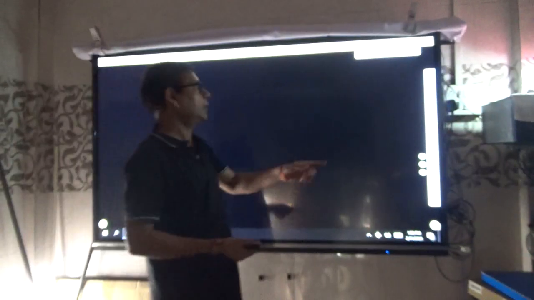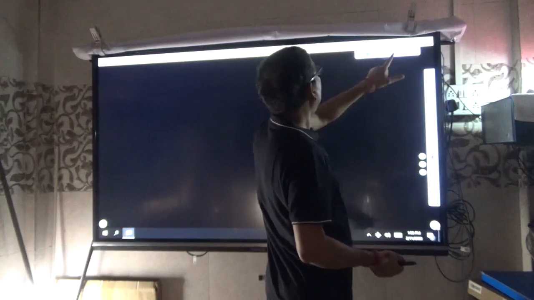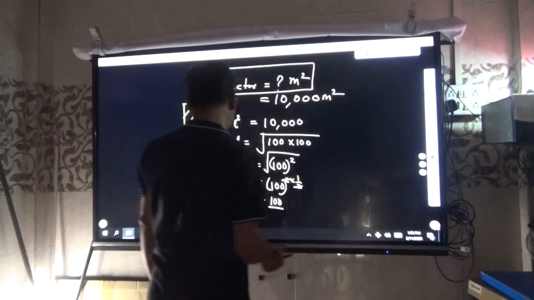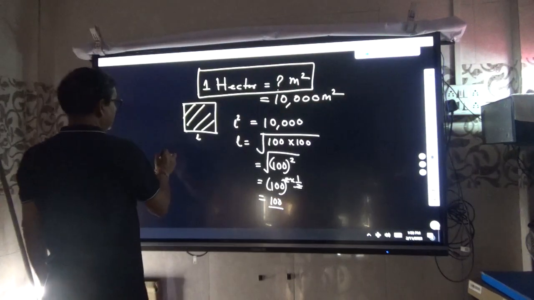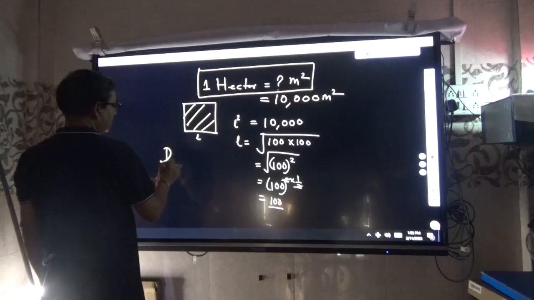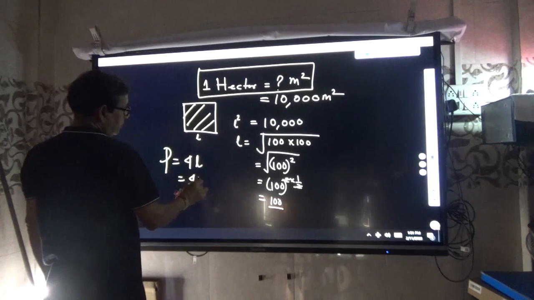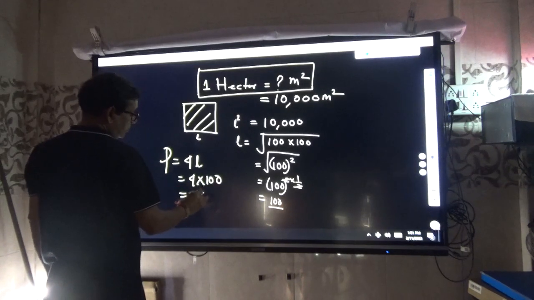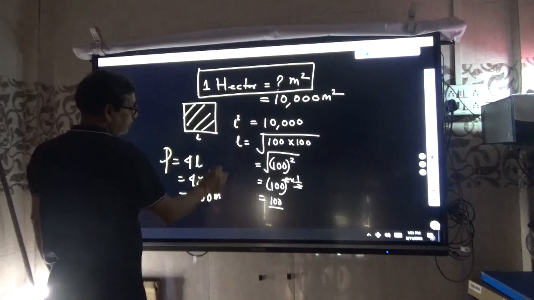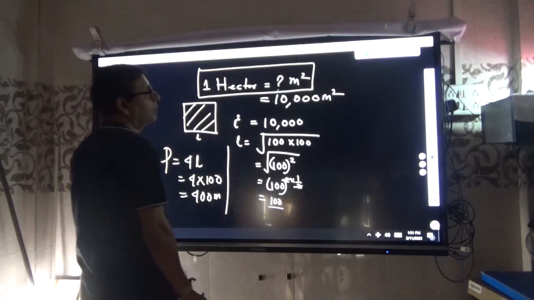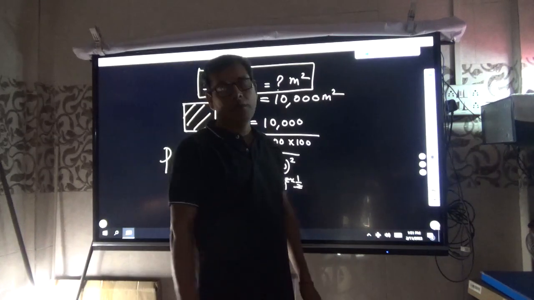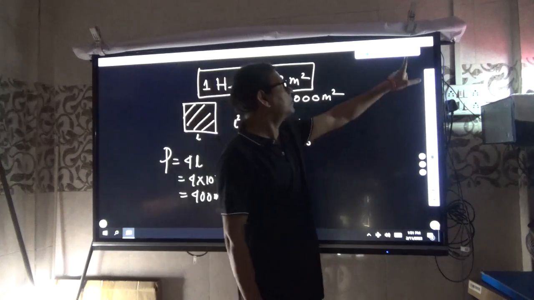Okay, I found only the length of this. So what is the perimeter? Perimeter equal to 4 into l. That is 4 into 100 is 400. 400 meters. Okay. Now you find out the next toughest sum and tell me.